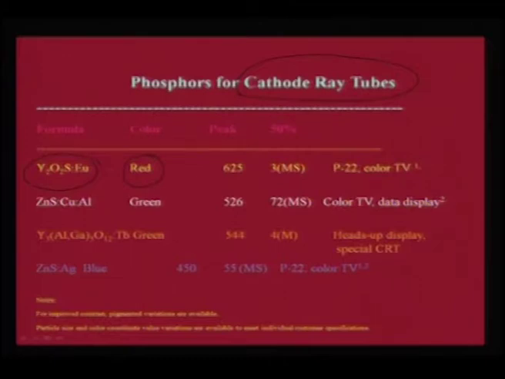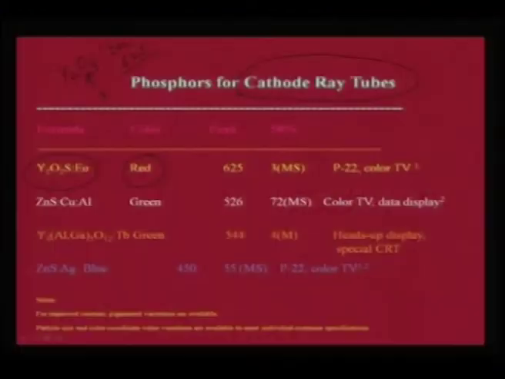In fact, yttrium oxide with europium also gives the same 625 nanometer emission, but a proportion of sulfur into oxygen is always recommended because it improves the sharpness and restricts the degradation. Therefore, yttrium oxysulfide is preferred. The other group which has really taken the show in CRT application is zinc sulfide.